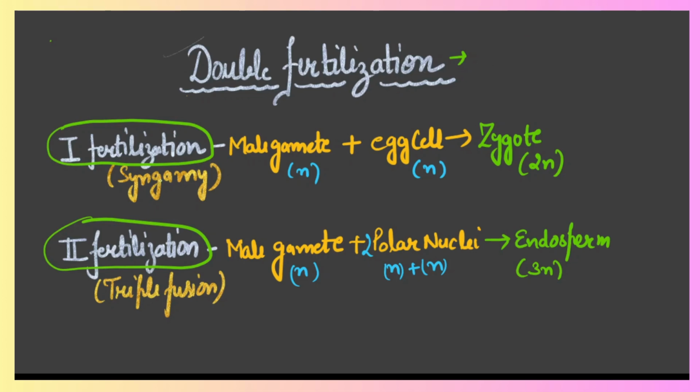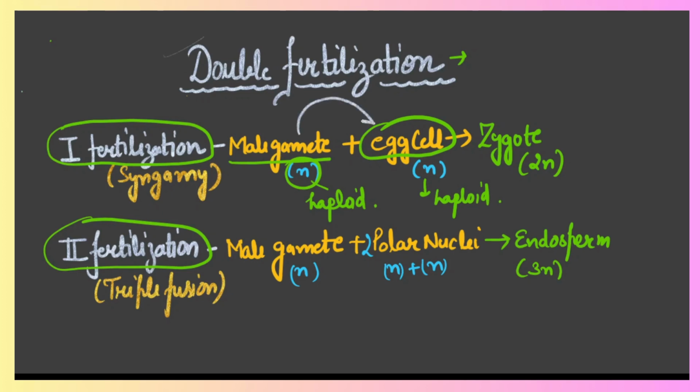Now, the first fertilization. This is the male gamete, and the ploidy of the male gamete is n, that is haploid. It will fuse with the egg cell. The egg cell also has ploidy n, haploid. When the male gamete fuses with the egg cell, it forms the zygote.